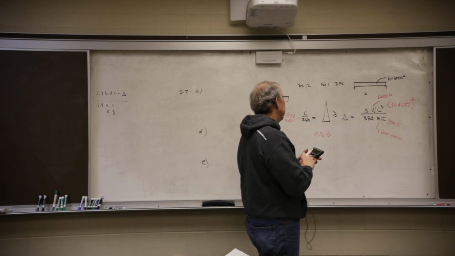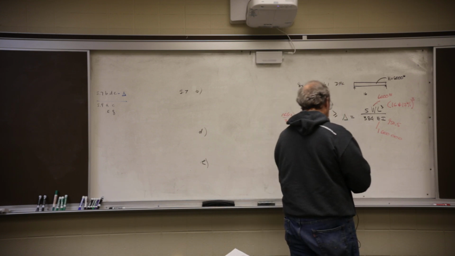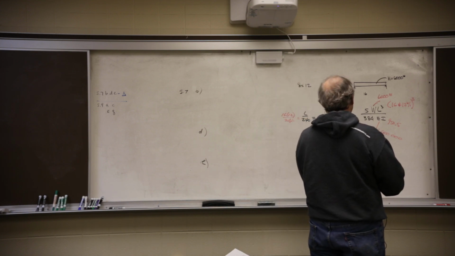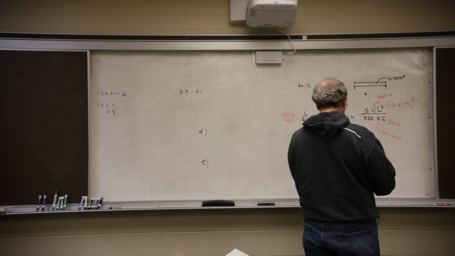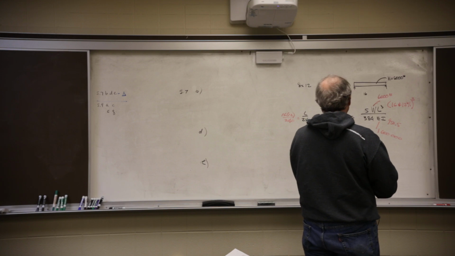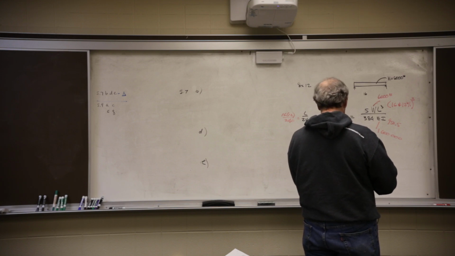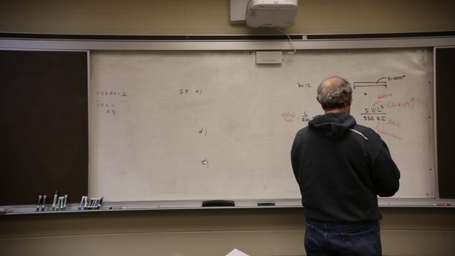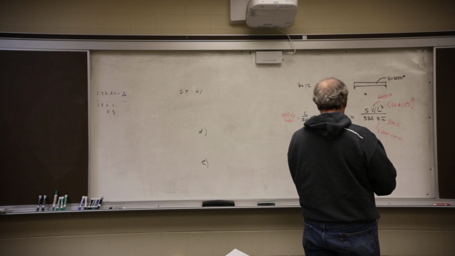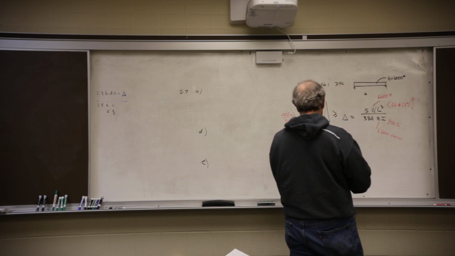Now 5 times 6,000 times 16 times 12 cubed, divided by 384, divided by 1,000,006, divided by 950.5.